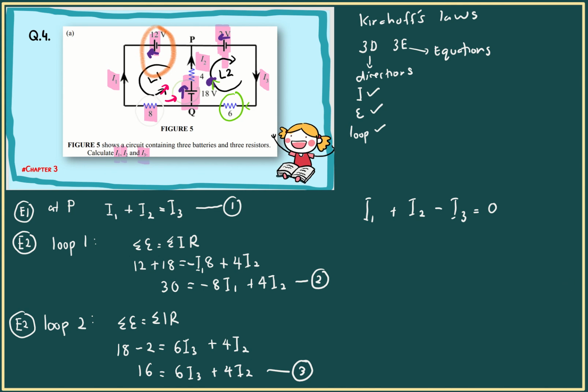We rearrange the equations so that I1, I2, and I3 are in a good array, and then you can have proper use of calculation.